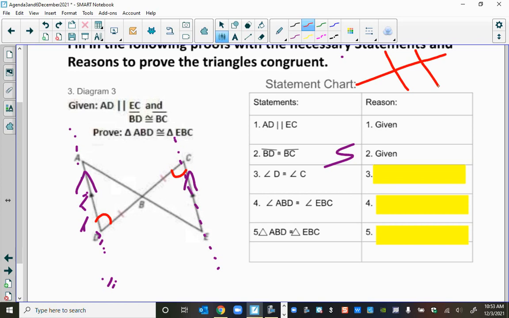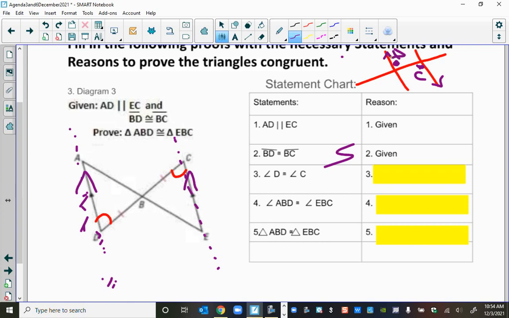Then I'm going to say this. I don't like that one. All right, all right. No, I put it in the wrong spot. Okay, I see where I'm going now. That's angle D. And this is angle C.